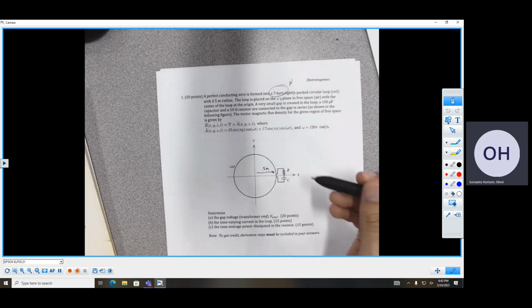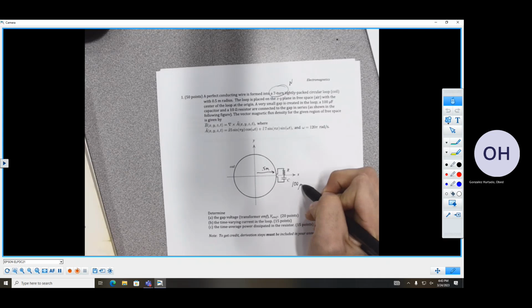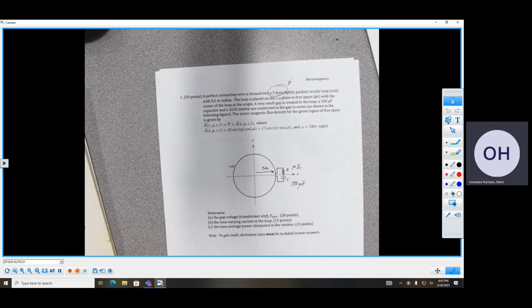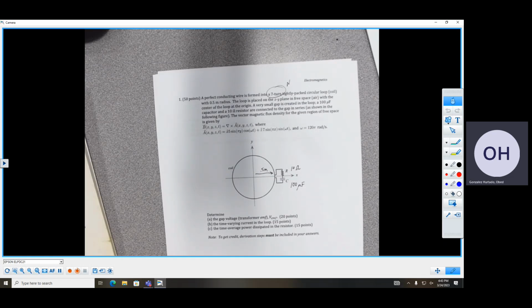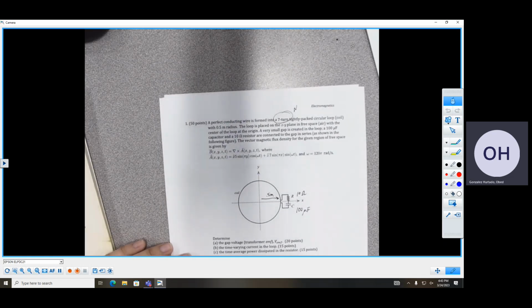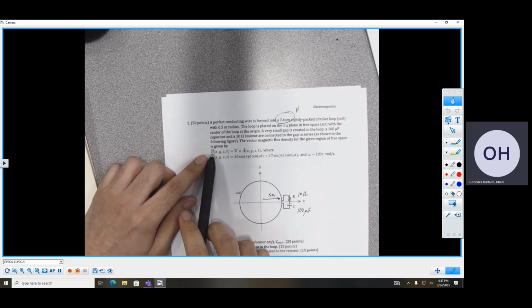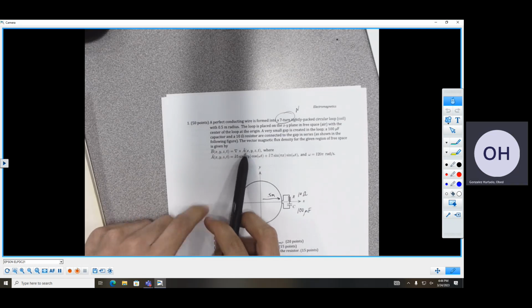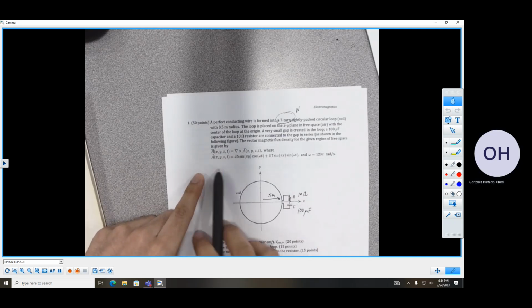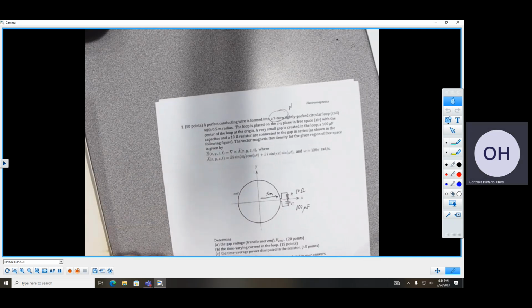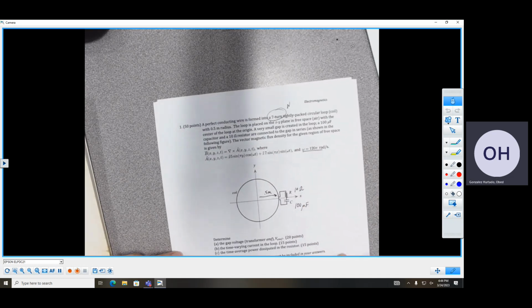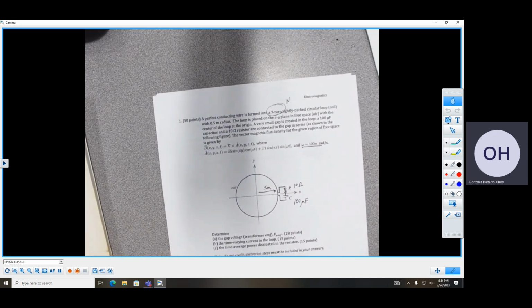We know that this is 100, and then this is 10 ohms. He was nice. He gave us an equation. We know that the flux is equal to that, and then the area. Pretty sure that's area. He gave us W. Okay. So for the first part, we're just trying to find VMF.